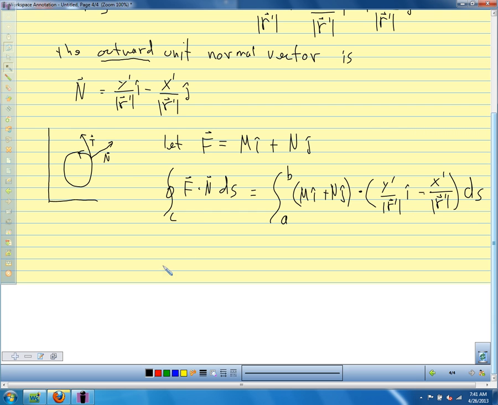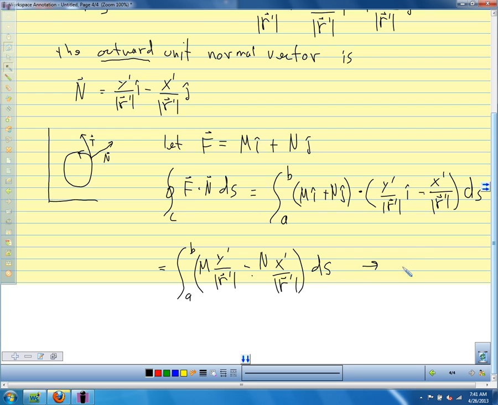And this is going to equal, when I form that dot product, the integral from a to b of m y prime over the length of r prime minus n x prime over the length of r prime, times ds.